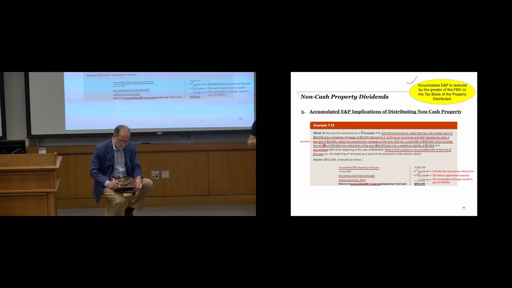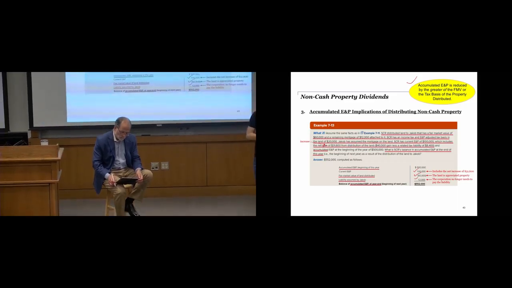And then finally, in the last slide, we said that when a shareholder assumes a liability associated with distributed property, the amount of liability assumed increases the accumulated E&P. So in this case, the liability is 12K, 12K of mortgage.